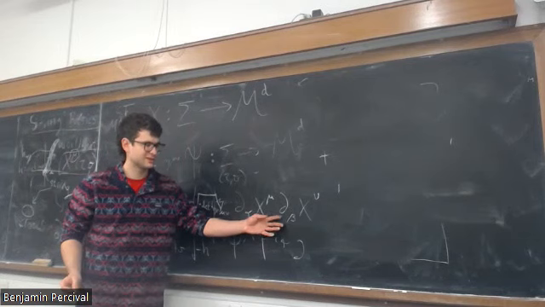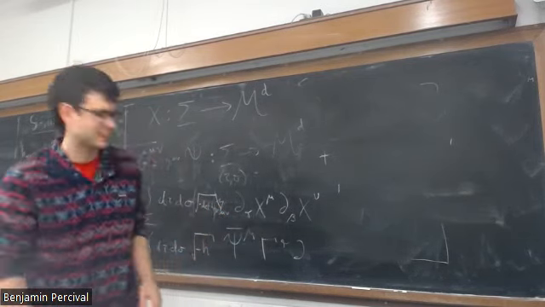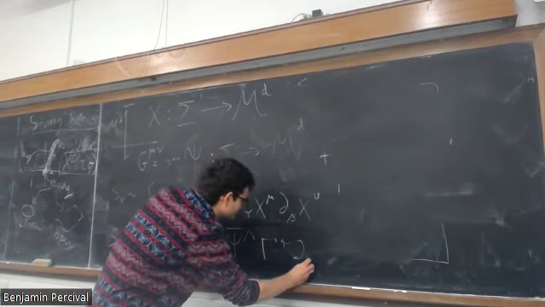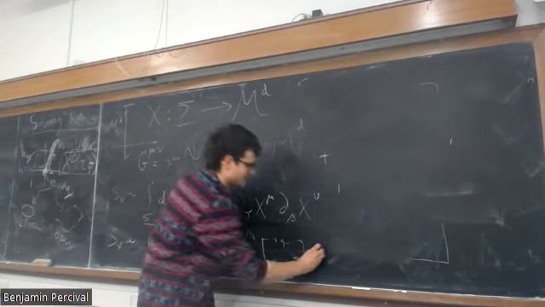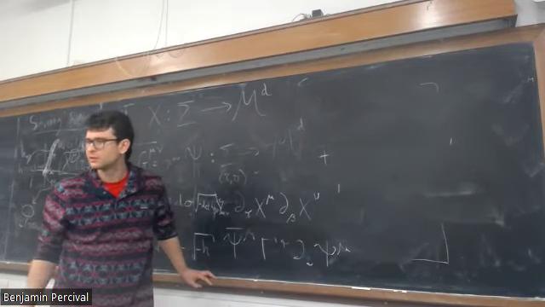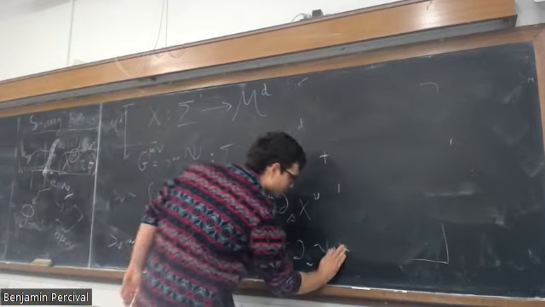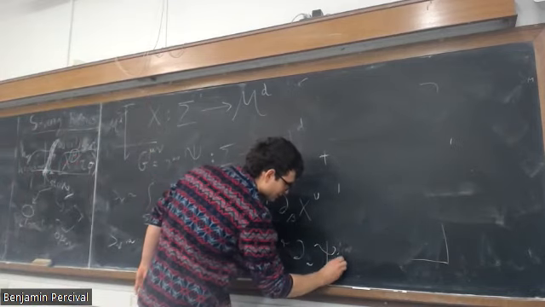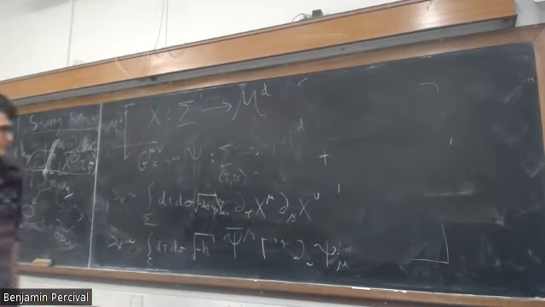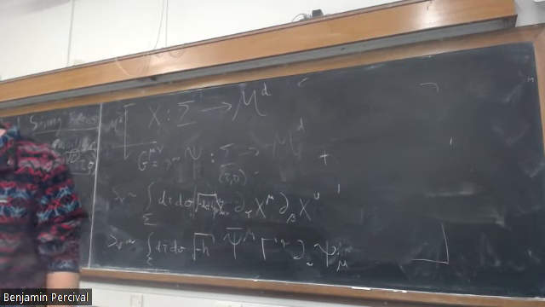I'm using little d because we're in Minkowski space, then alpha, and then capital psi, with the mu on the bottom, something like that.